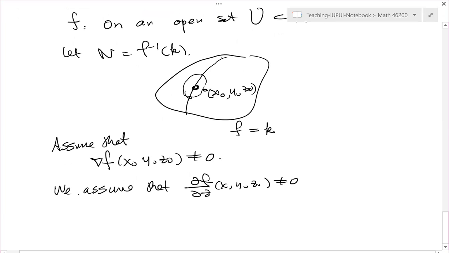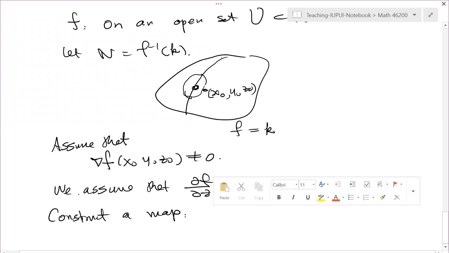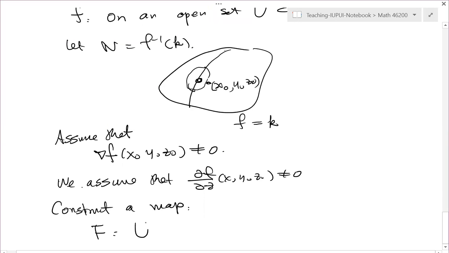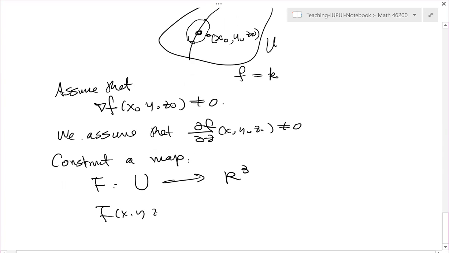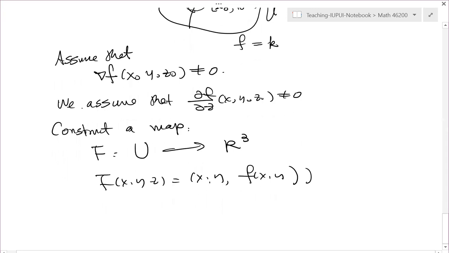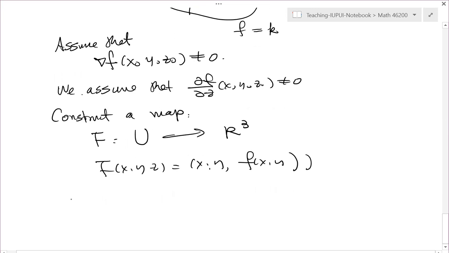So what I'm going to do is construct a map, using this f. The map F from U into R3 is defined by x, y, and f of x, y. Okay, so this is a map. Let's take a look at the Jacobian of this map, from U to R3.